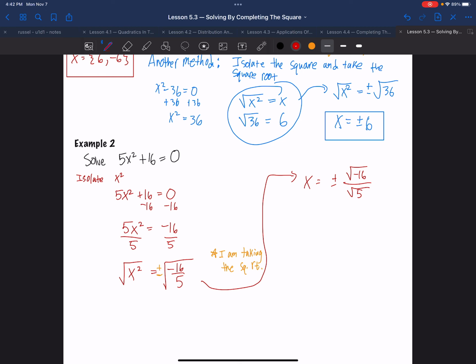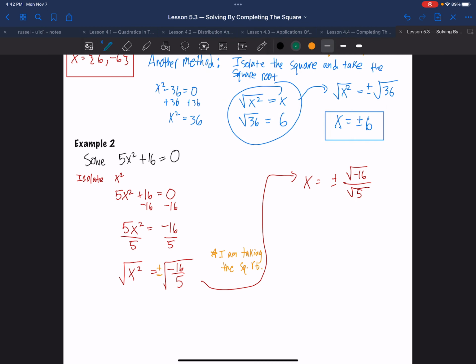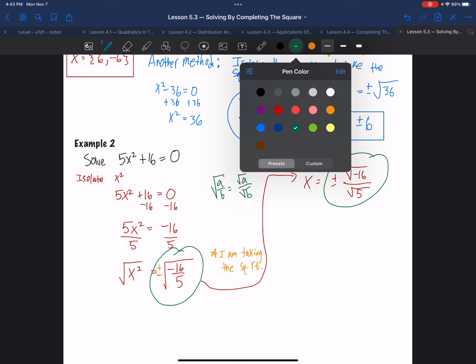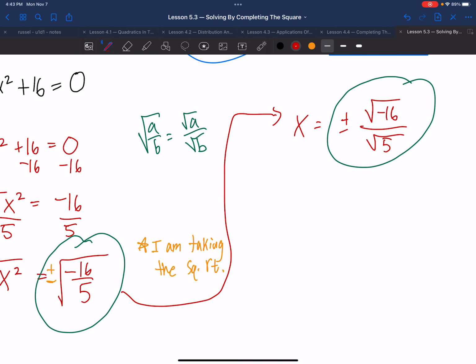This is because the square root of a over b equals the square root of a over the square root of b. You see how I've circled this? I hope this is straightforward. I'm probably not doing the best job of explaining this. I'm sorry. I can split up these radicals using properties of radicals or properties of exponents like so.